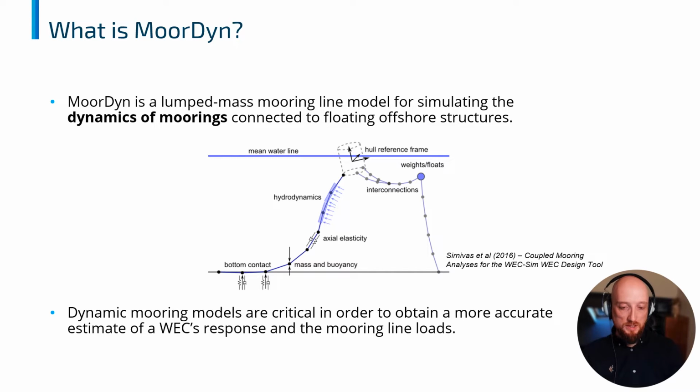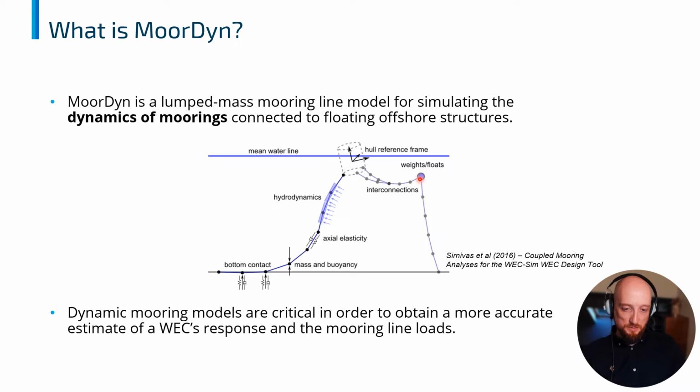And what MoorDyn does is actually discretize the whole mooring line into a series of point masses, as you can see here, that are connected by spring dampers. And with this approach, you can have hydrodynamic loads acting along the mooring line. You can see where the mooring line is touching the seabed and when it's lifting off from the seabed.